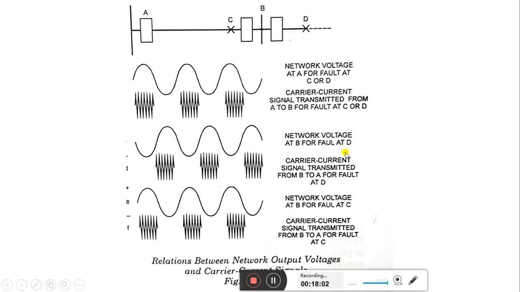It will always compare the phase relationship. If the fault is at D, compare these signals with these signals: here current was transmitted for each positive cycle, and once the fault was at D, then also current was transmitted for each positive cycle.